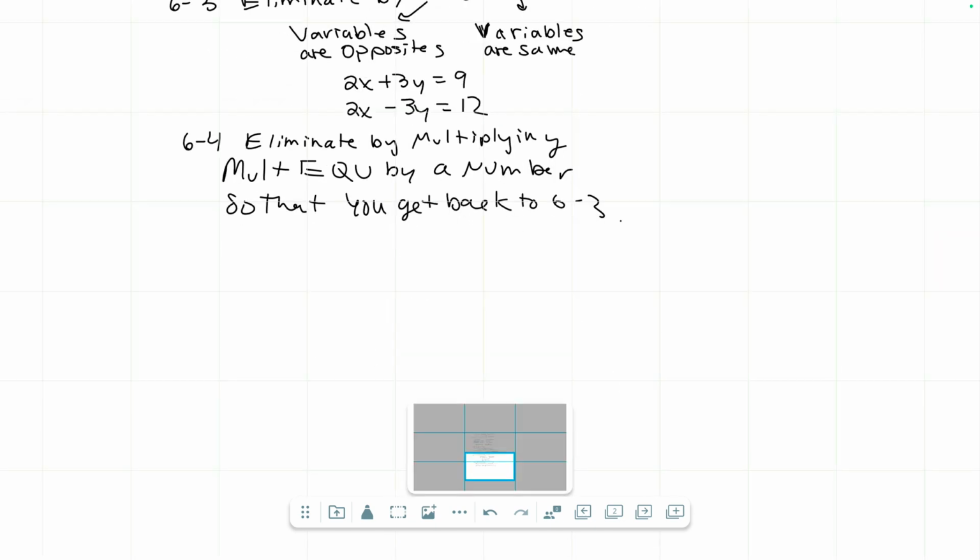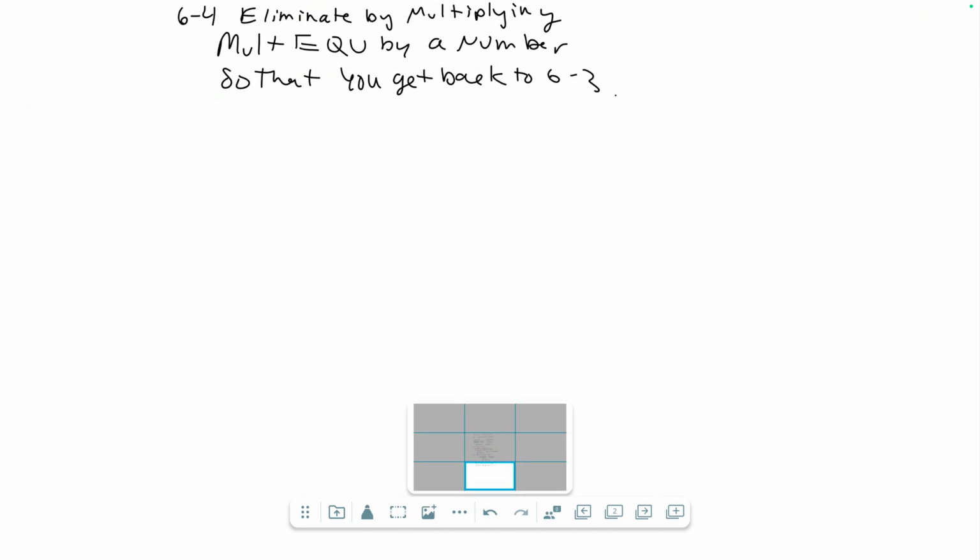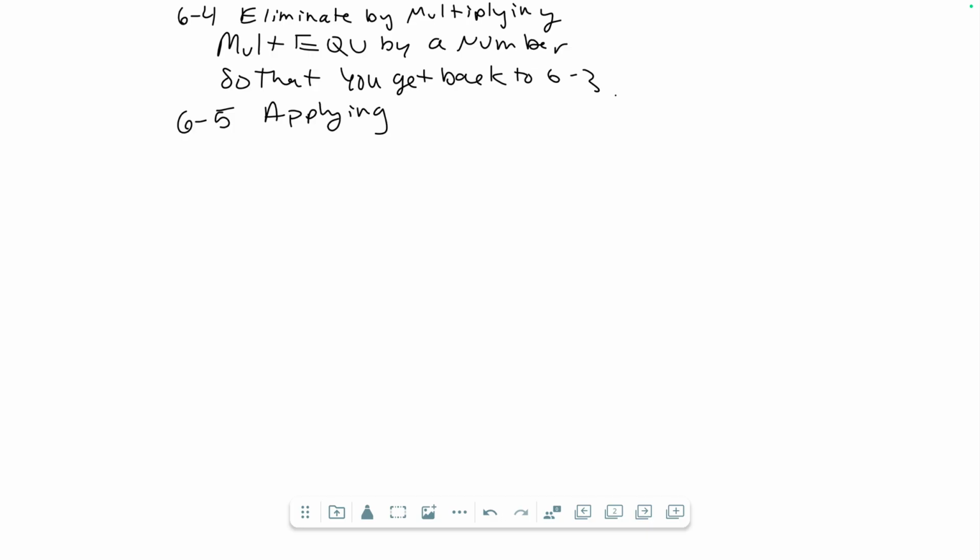Okay. In 6.5, we were applying the different methods to solve systems. Okay, so this was really review. Okay, you are looking at the different scenarios, figuring out which method is best.